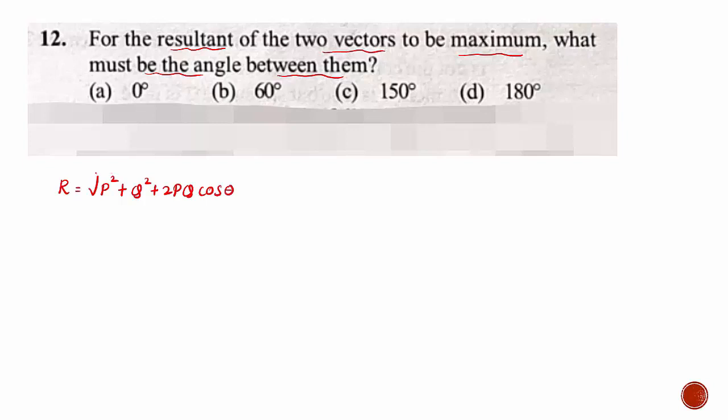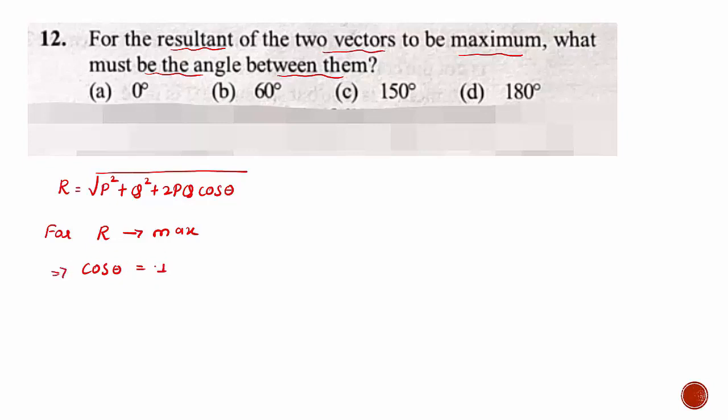This is our equation for the magnitude. R should be maximum. R is maximum for which value of angle? R is maximum when cos theta is equal to 1. Then it is said to be maximum.